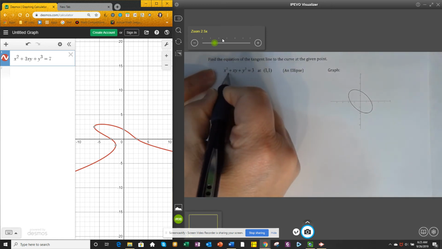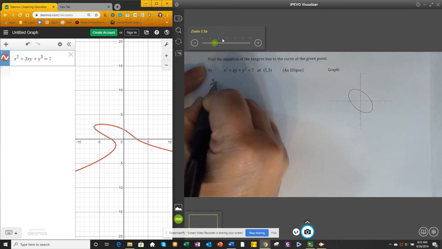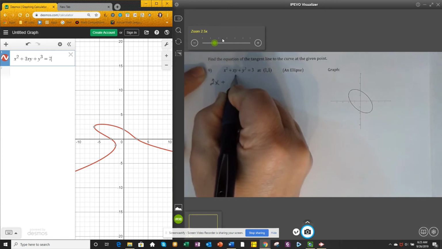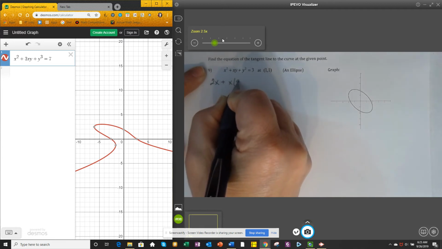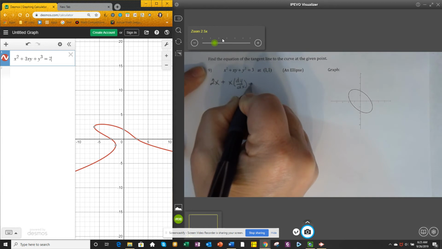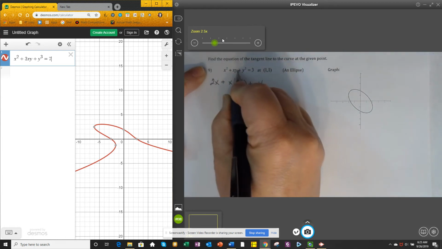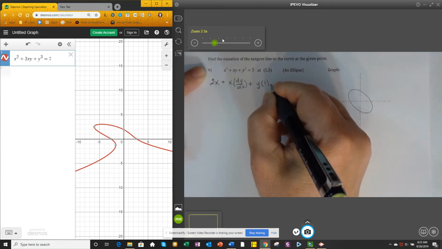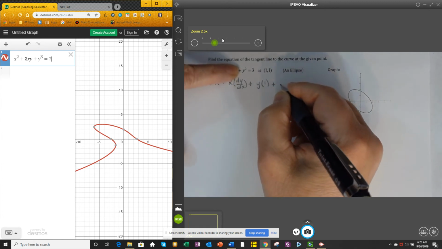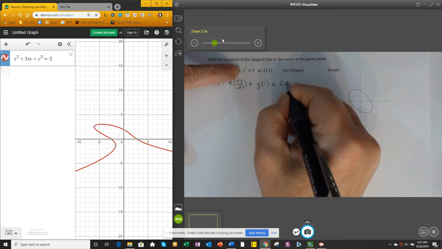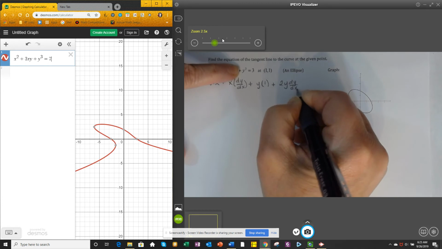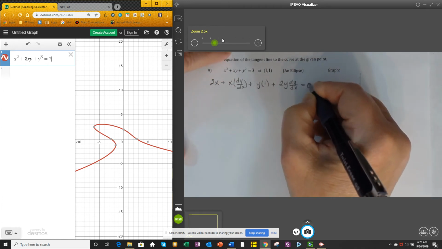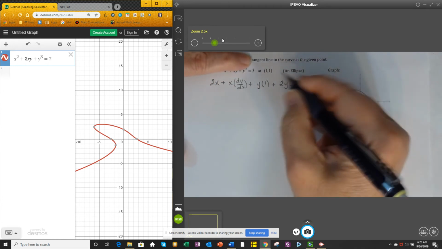So the derivative of x squared is 2x plus, and now I have to use the product rule here. First is x. The second, well, what's the derivative of y? dy/dx. Plus second, which is y, times the derivative of the first, which is 1. Plus the derivative of this 2y, which would be power down, y to the power 1 lowered to 0, times the derivative of the inside, which is dy/dx, equals 0, because the derivative of 3 is a constant, so it's 0.